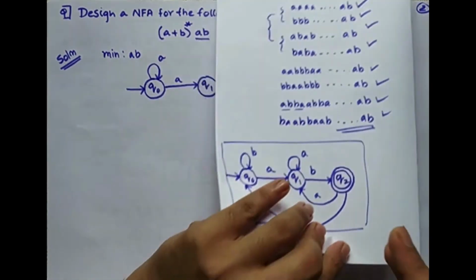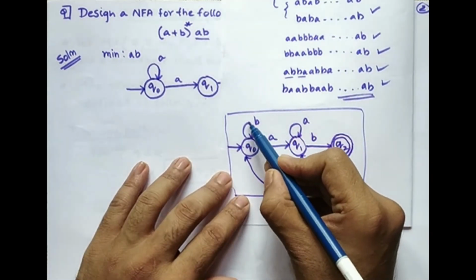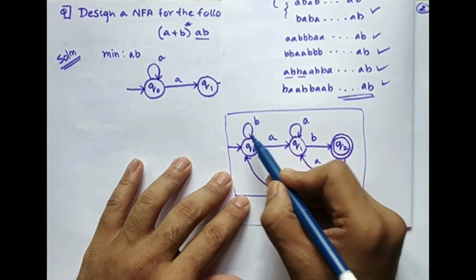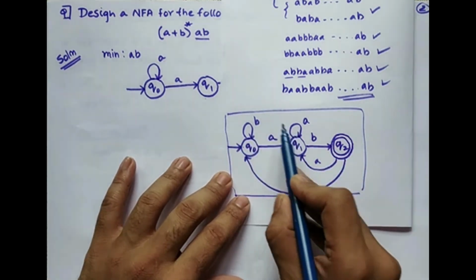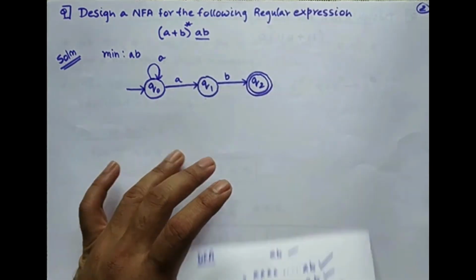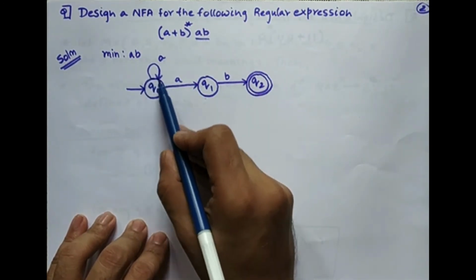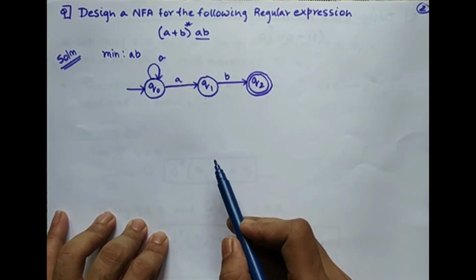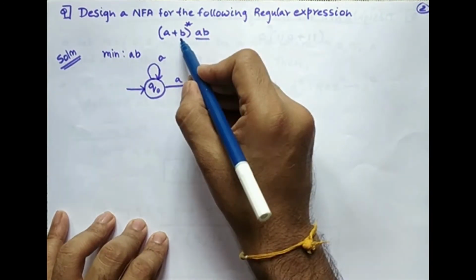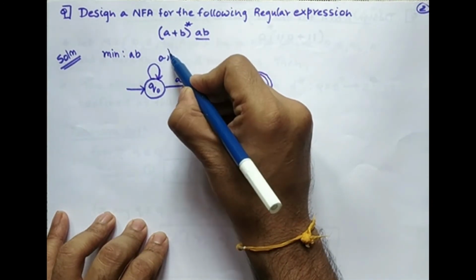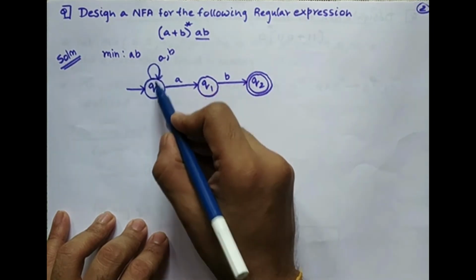Please note, I could not have a self loop over q0 with A there, because it would have turned into an NFA. But now definitely I can do it because it is anyway an NFA. So AAA, n number of A's ending with AB, right? And on the same lines, I can say A or B, n number of B's ending with AB.